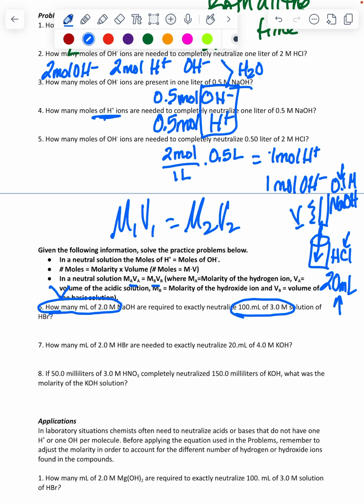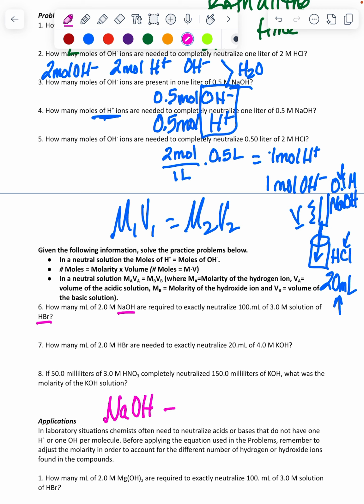Now, here's the other thing I need to point out to you. I absolutely love this equation, if and only if, are you paying attention, these are in a 1-to-1 ratio. What do I mean by that?